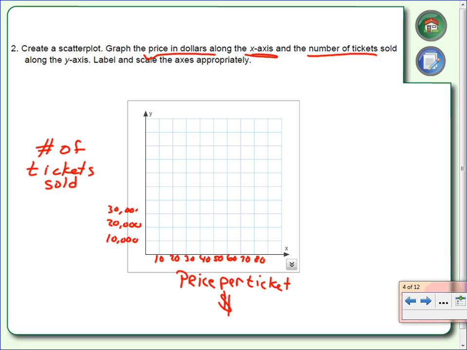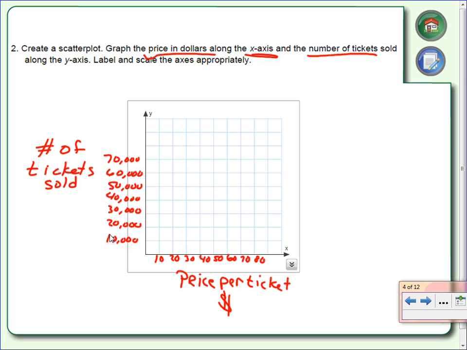Then we'll do 30,000. Then 40,000. 50, 60, 70, and so on. So I had to adjust my scale to make sure that all these values that I came up with are actually going to fit on my graph paper.